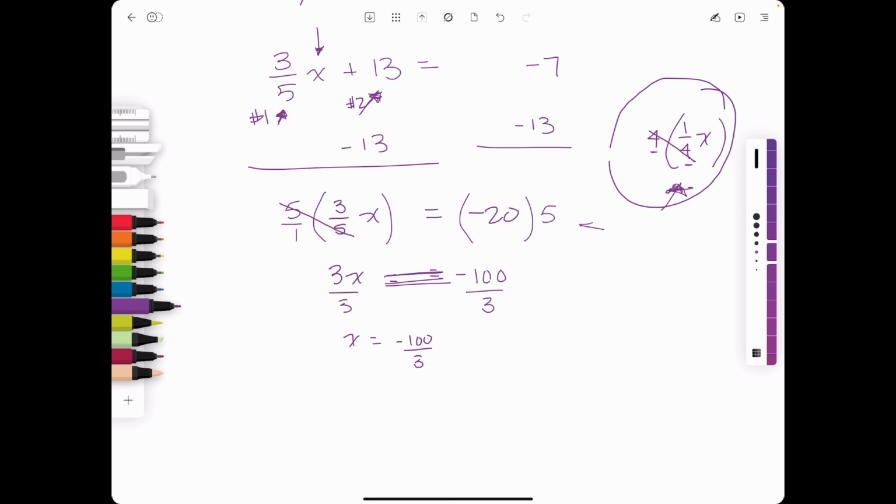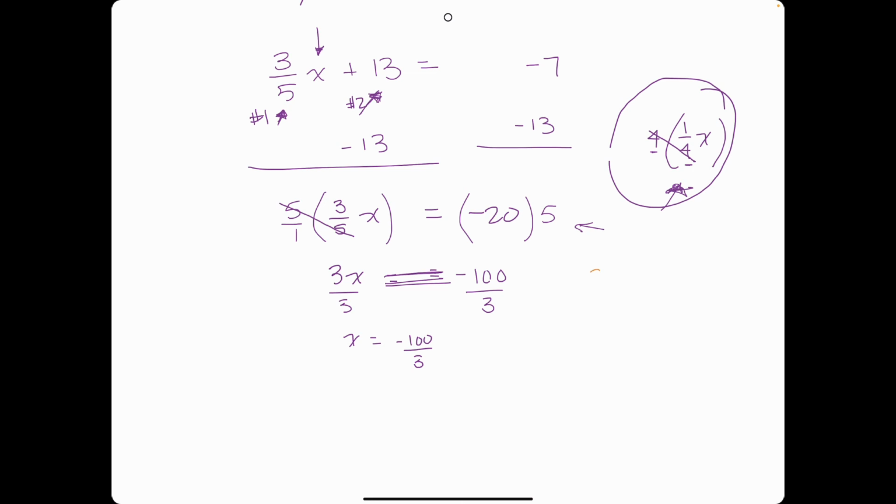I'm going to jump back and rewrite from this step, just so you see the other way of doing it in one step. If I have 3/5, and I'm going to change colors so you realize it's the same thing, but a different approach. So if I have 3/5 x equals negative 20, that's where we were when we said 1 step or 2.